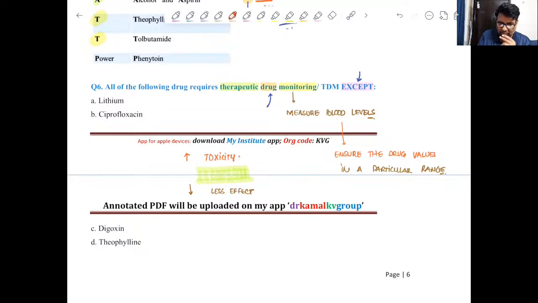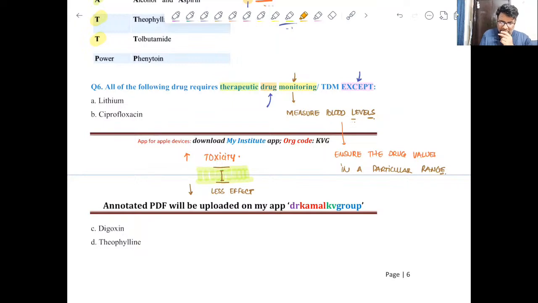So that's why we want to make sure that the levels of the drug are always within this range. So this monitoring is known as therapeutic drug monitoring. So there are certain drugs, if the blood levels are low, there will be less effect. If the blood levels are more, there will be toxicity. So we have to make sure that the drug values in the blood is within that range.